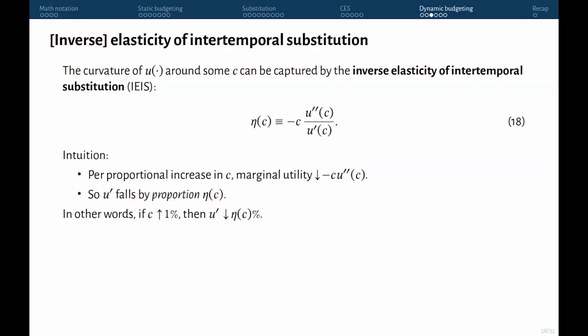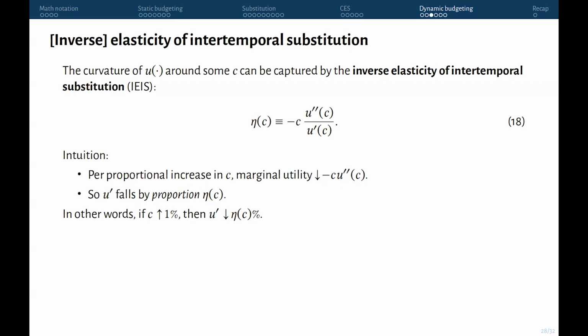So that's the absolute amount at which the first derivative changes. And so by what proportion does the first derivative change? Well, you divide by the level. Right? So that's why we're dividing by u prime.